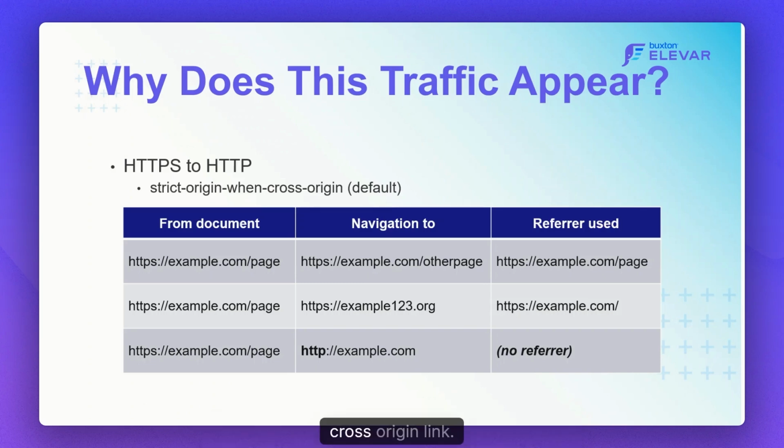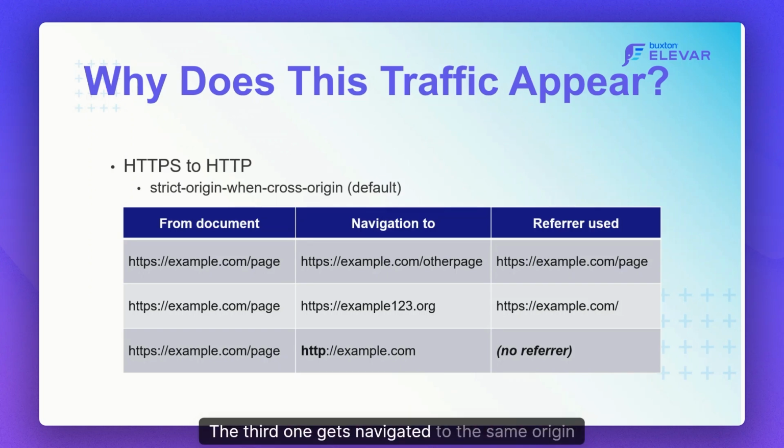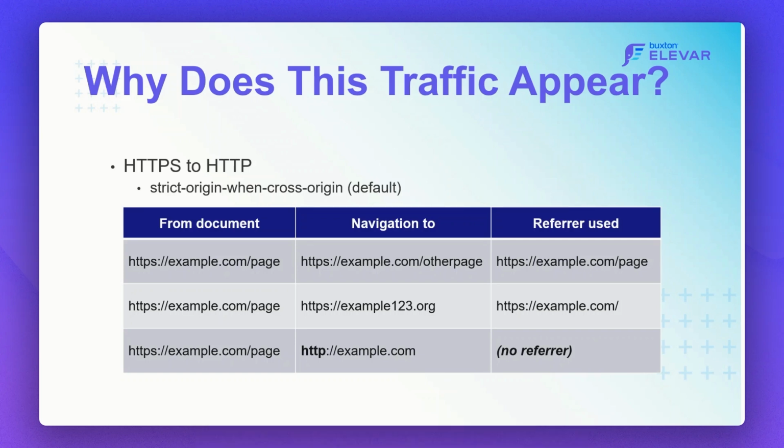Since this is a cross origin link, but the cross origin link is secured with the HTTPS, only domain name will be available as a referrer. The third one gets navigated to the same origin, but the link is not secured. Since the link is not secured, referrer details will not be available.